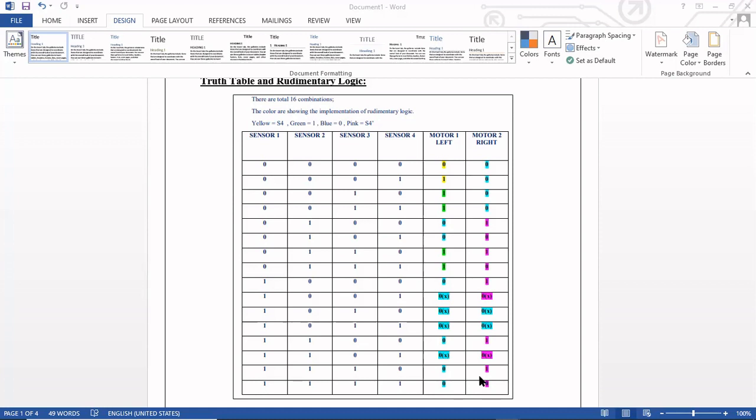And when they were verified, we implemented this schematic on the breadboard. Before drawing any circuit on the PCB, our instructors asked us to implement the circuit on the breadboard so that we could avoid any possible issues. So after this truth table and rudimentary logic, we drew the schematic, which is shown here.